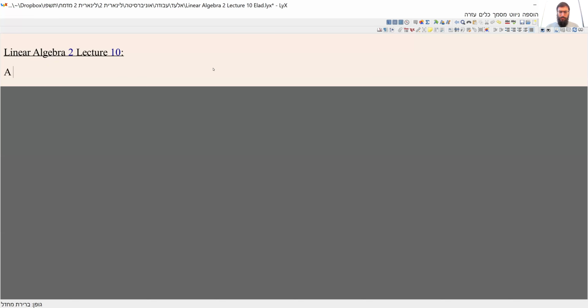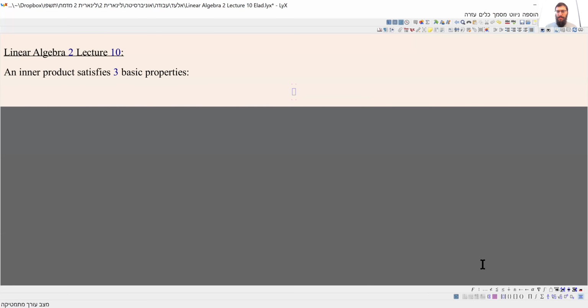An inner product satisfies three basic properties. Let's write it down explicitly.